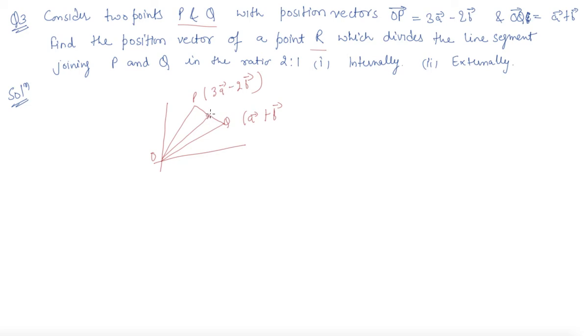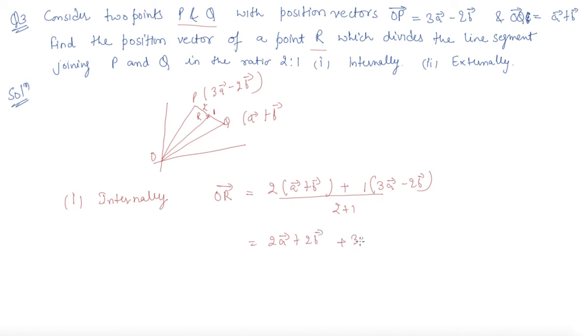In the first case, it is divided internally in the ratio 2:1. So this is R. For the internal case, OR can be found by multiplying 2 by vector a plus vector b, meaning OQ, plus 1 multiplied with 3a minus 2b, meaning OP, upon 2 plus 1, which is 2a plus 2b plus 3a minus 2b upon 3.